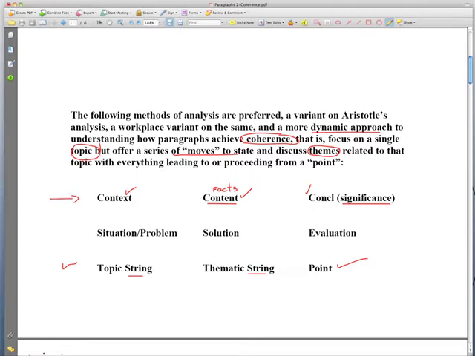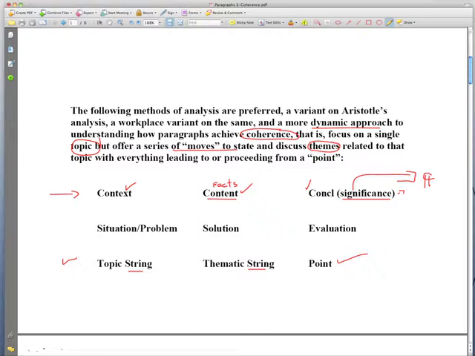And more importantly, in a workplace document, we usually, in the conclusion, kick the reader off to the next paragraph so that there's some kind of a link or transition here that happens when we state the significance, because the significance of having got to this point is usually now we can move on to the next point. So although it's the same as beginning, middle, and end, you should think of context, content, conclusion.